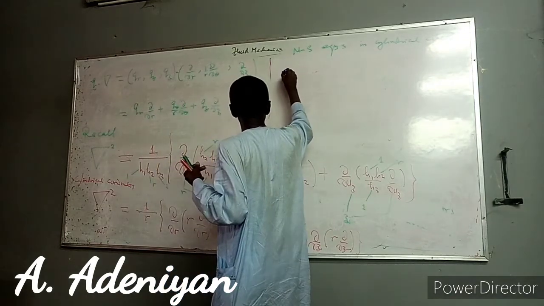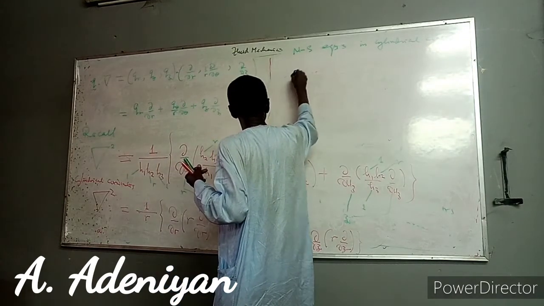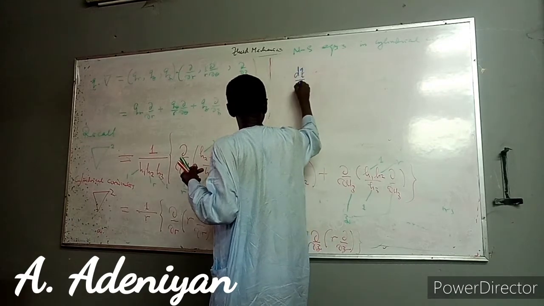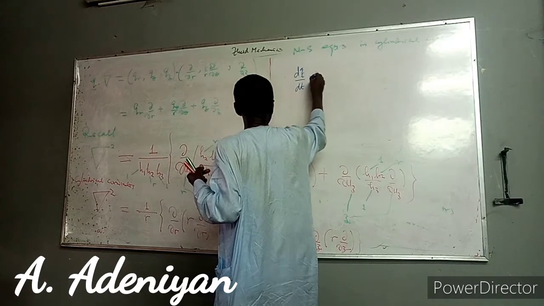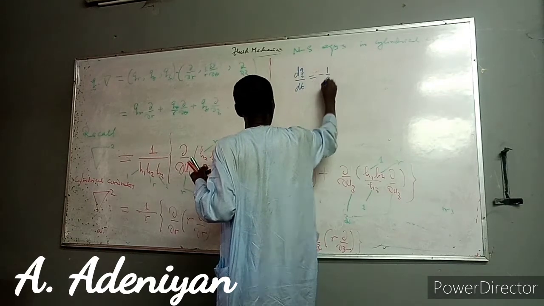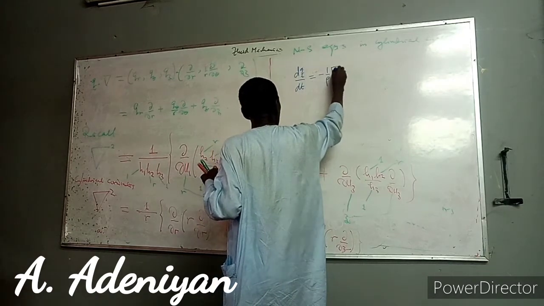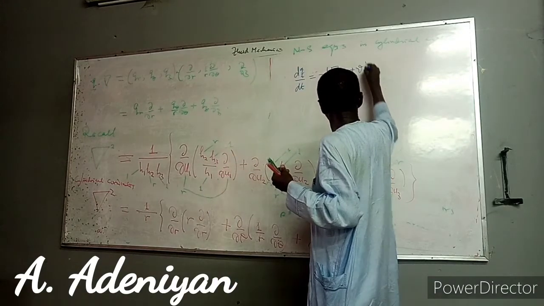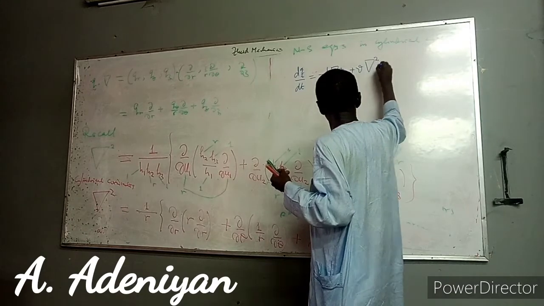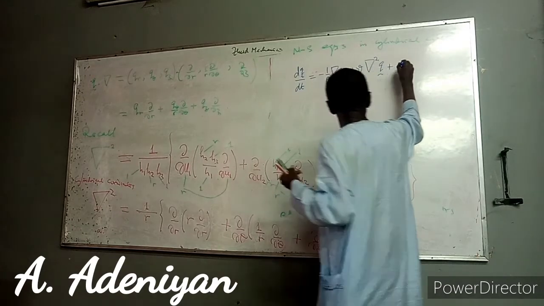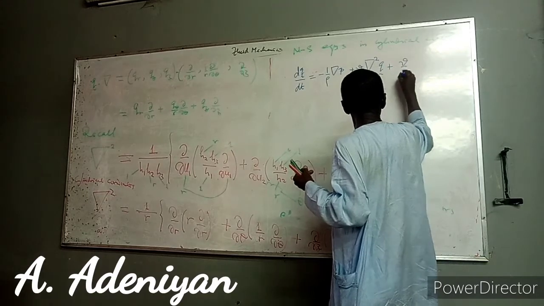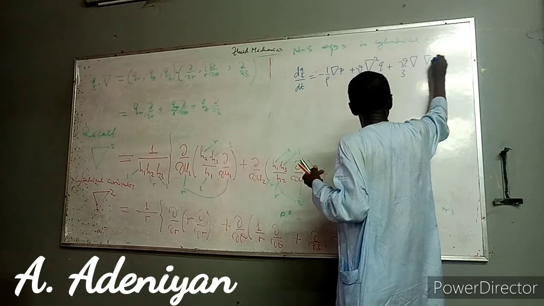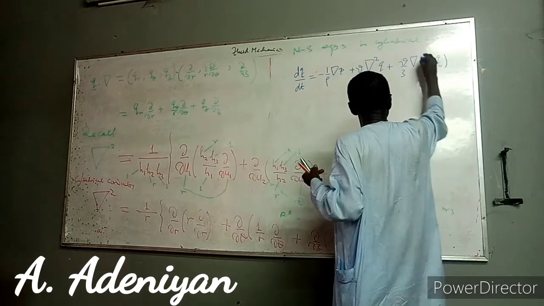First of all, the vector form, don't forget, is dq/dt equal to minus 1 over rho grad p plus mu del squared q plus 1/3 of grad del dot q.